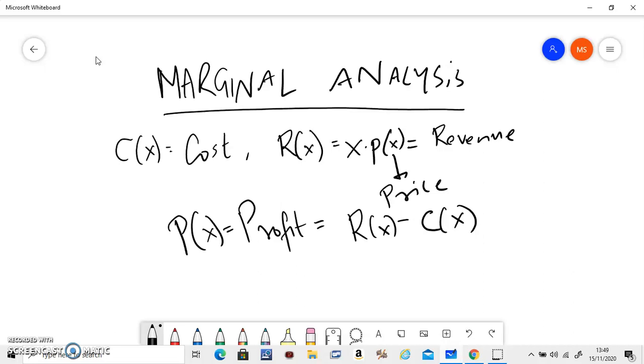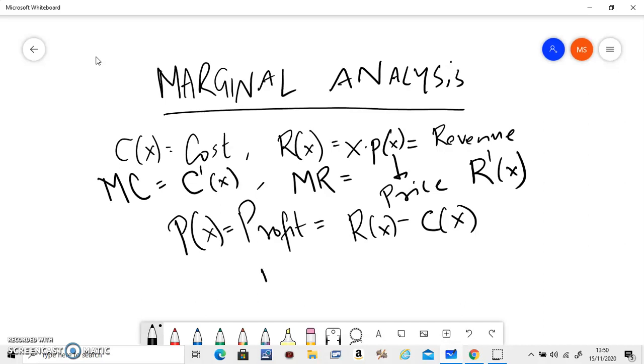Just to recall this much, we've done this in previous videos. Now, if the question is to find the marginal cost, we'll denote it by MC, marginal cost. All you have to do is differentiate the cost function. Similarly, if the question is to find the marginal revenue, all you have to do is differentiate the revenue function.